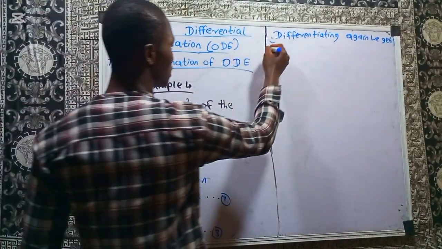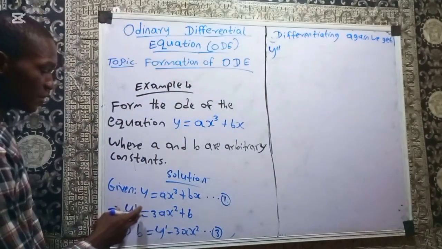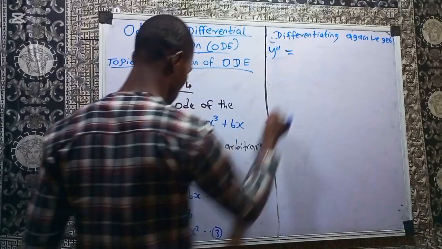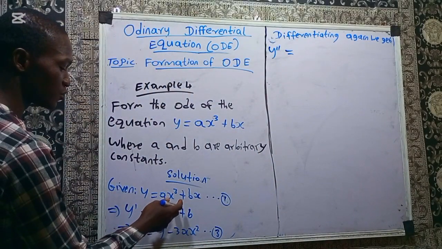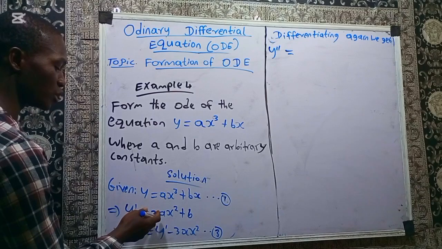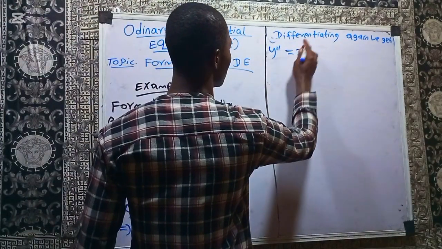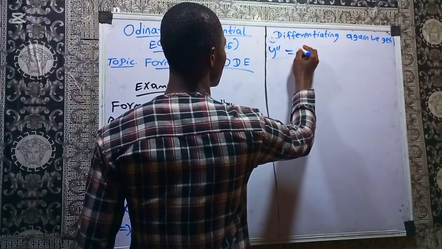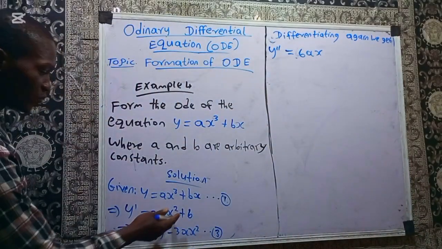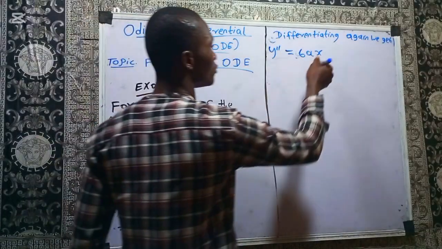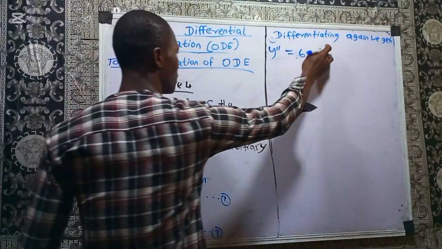You have the second derivative of y, equal to: if you differentiate 3a x raised to power 2, you bring down the power and multiply, 2 multiply 3, I'll be having 6a x. Then remove 1 from the power, remove 1 from 2, you have x raised to power 1, which is the same thing as x.